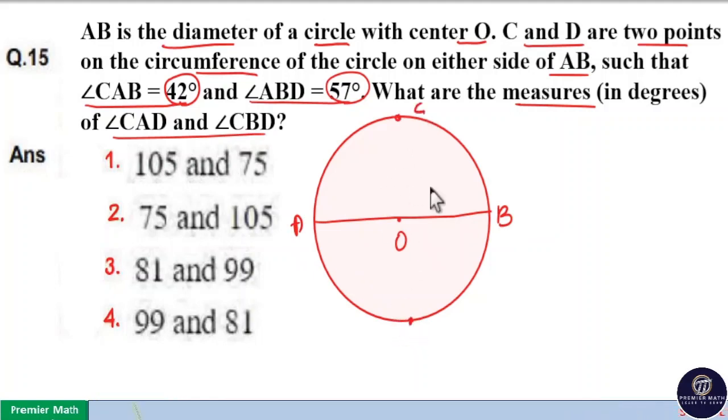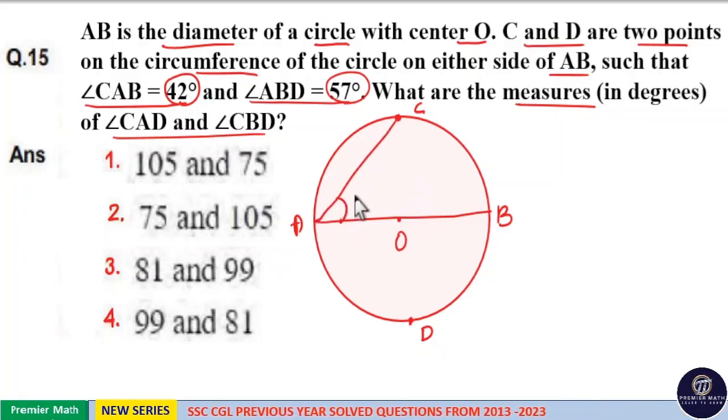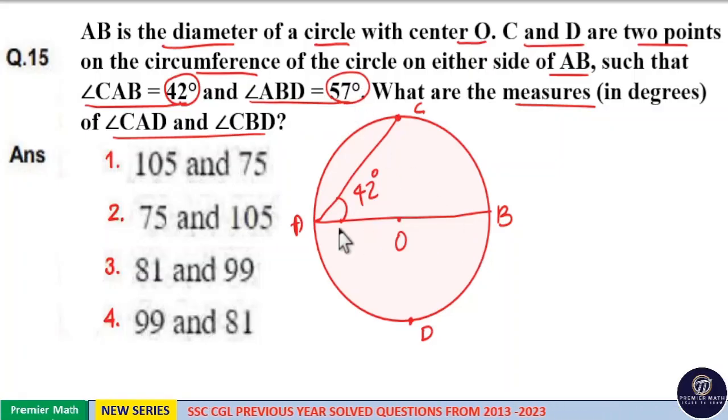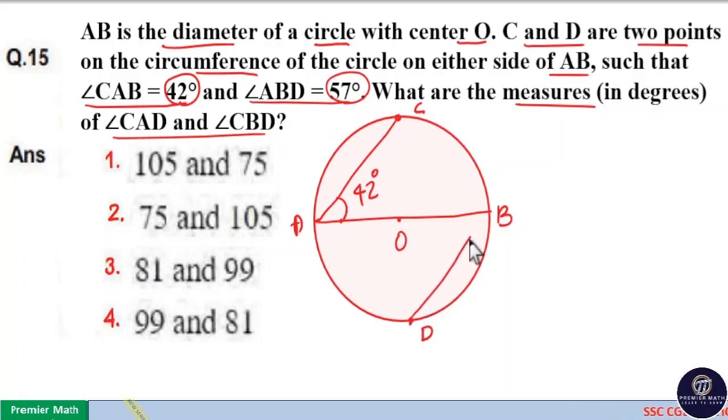Now, this is C and this is D. Here, angle CAB is equal to 42 degree and angle ABD is equal to 57 degree.